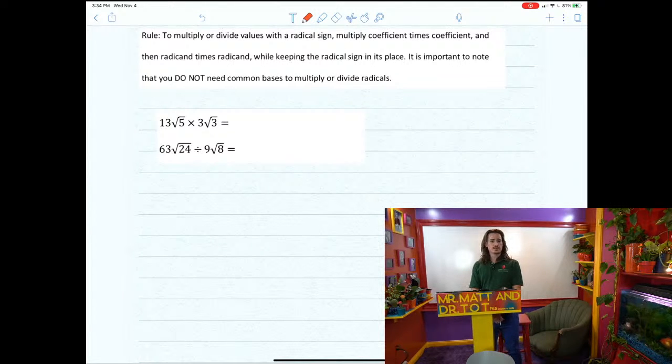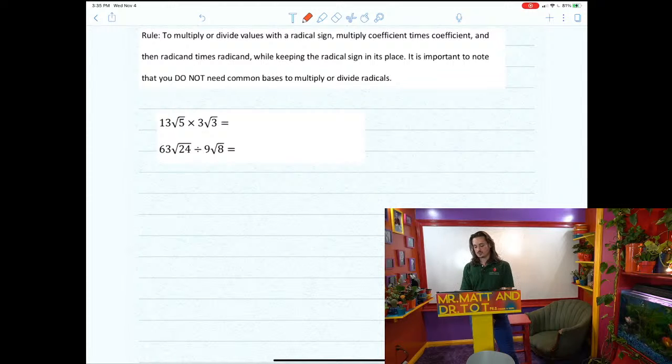Just like with multiplication and division of fractions, we don't need common denominators. We just multiply straight across with multiplication. And with radicals, you're going to do the same type of thing with division. I know division of fractions we usually go about by multiplying by the reciprocal of the denominator. With radicals, you just do coefficient divided by coefficient, radicand divided by radicand.